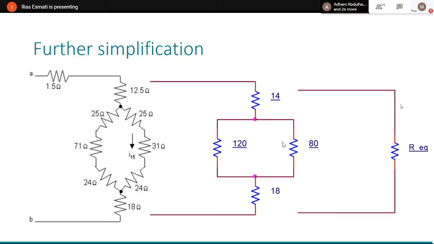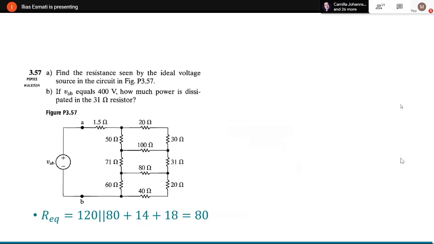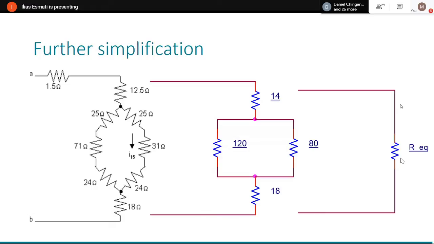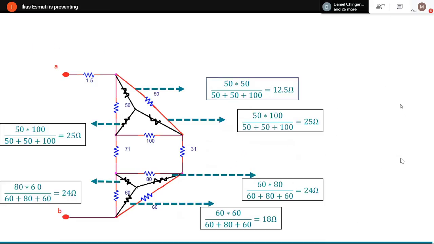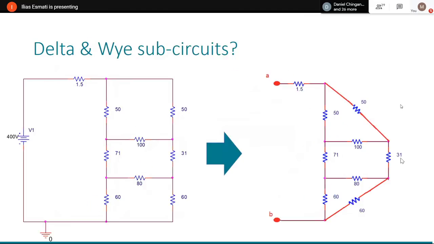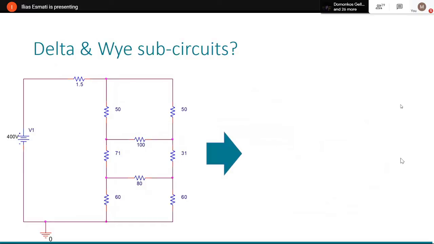But there was a question before. Yeah, now we have a parallel configuration. So what I can do, I know how to do that. I know how to put these two as a parallel and then as a series. And then I have only one resistor. Isn't it great that we can simplify a circuit that looks so crazy that we have almost no idea, no chance to simplify it?